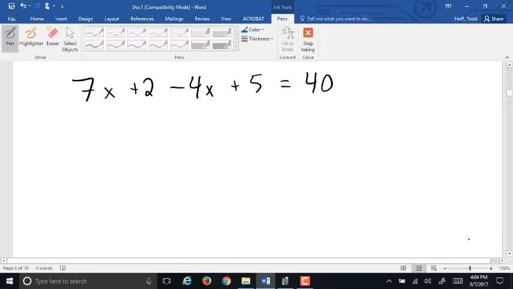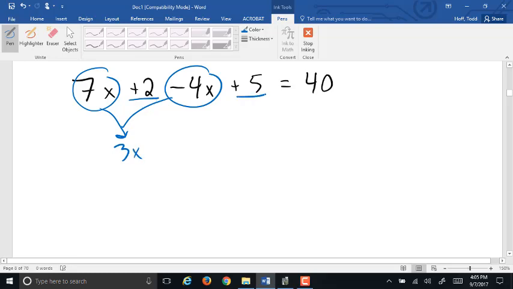Okay, so what do we have to combine in this one? 7x and negative 4x make 3x. Good. What else? 2 and 5 make 7. Now, what do we have to put in there? It's positive 7, so we have to put in a plus.